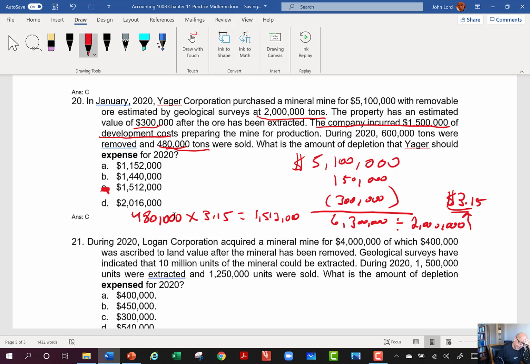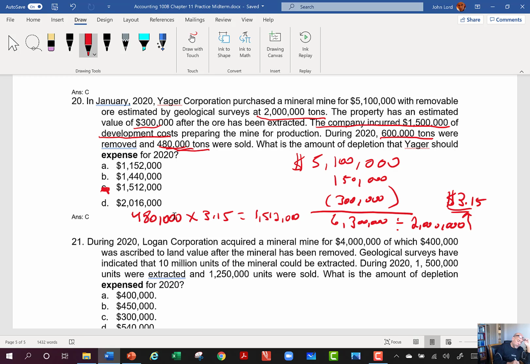I have to pick up the 480,000 because that's what they sold, not the 600,000. 600,000 times $3.15 would be a debit to inventory and a credit to the accumulated depletion on the mine, and then as I sell that, the 480,000 debit. Again, they're calling it expense. I would say it'd be more correct to debit cost of goods sold and credit inventory.